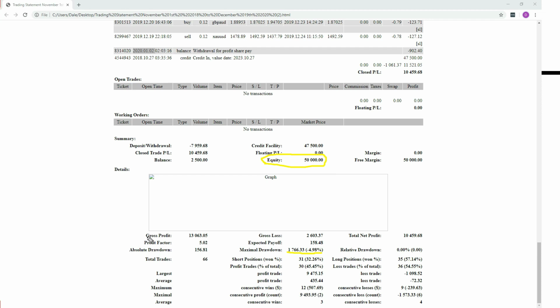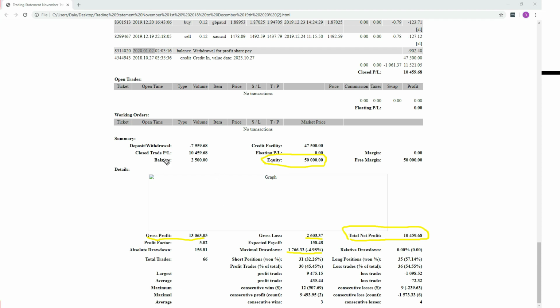Now the gross profit on the account was £13,063. The gross loss over the full period was 2,600. So that minus that, the total net profit that I walked away with on this account was £10,459.